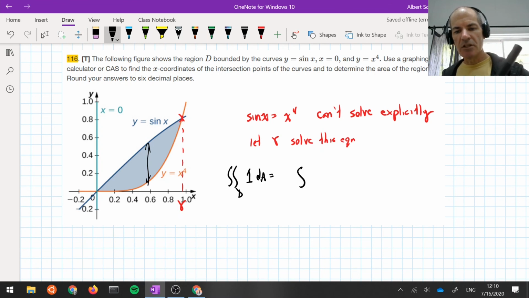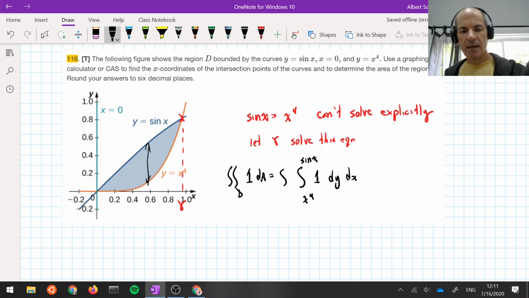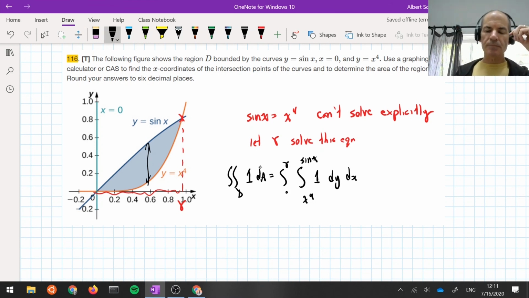As a type 1 region, I'm going to integrate 1 dy dx. The inner limits of integration go from the bottom curve, x to the fourth, to the top curve, sine of x. And if we took this whole region and smushed it down onto the x-axis, we would cover the distance from 0 up to gamma.